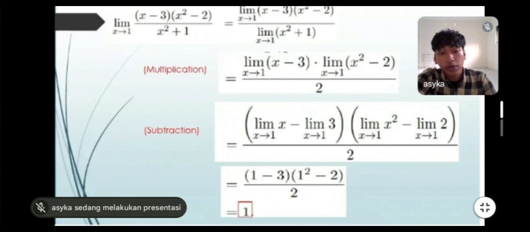The limit as x approaches 1 of x, minus the limit as x approaches 1 of 3, times the limit as x approaches 1 of x squared, minus the limit as x approaches 1 of 2, over 2. So we get (1 minus 3) times (1 squared minus 2), over 2. So we get the answer is 1.